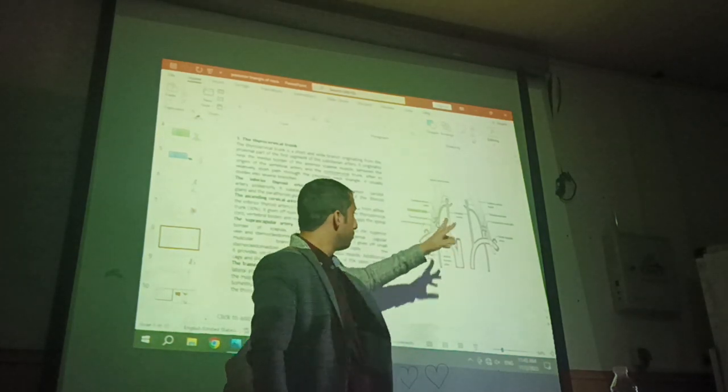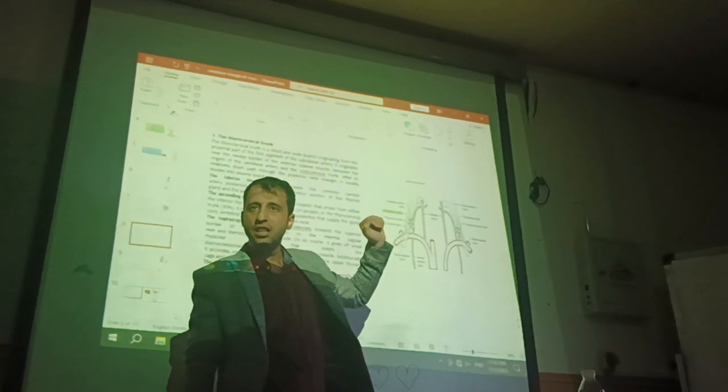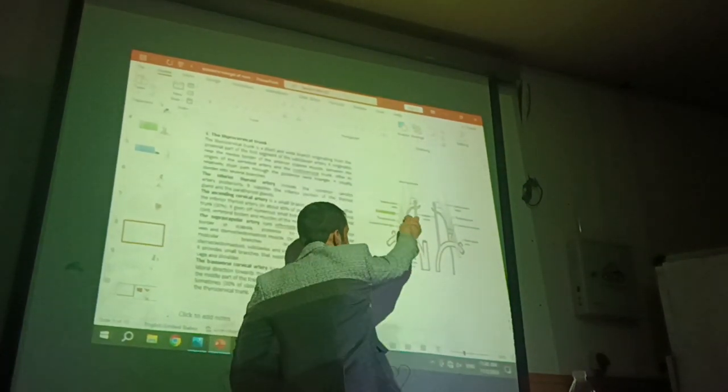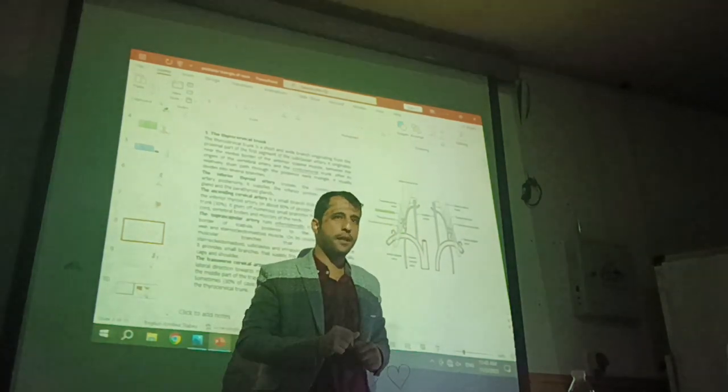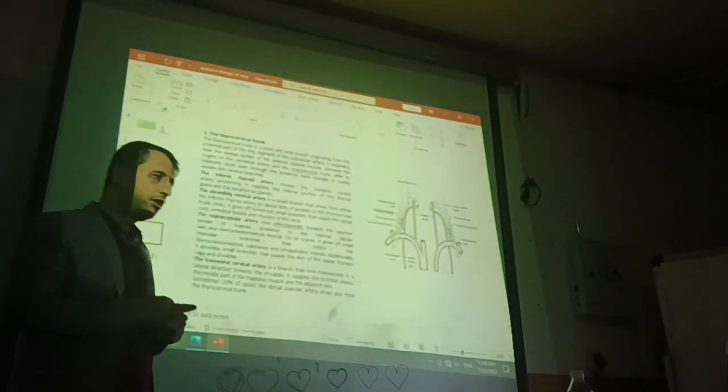The phrenic nerve passes on the anterior surface of the anterior scalenus, and it crosses with these two arteries, the suprascapular artery and transverse cervical artery.